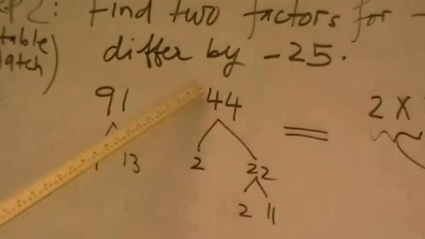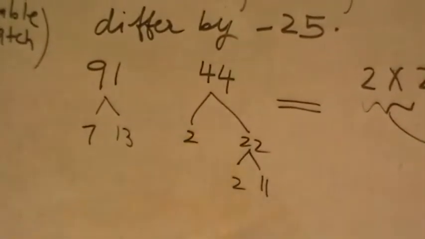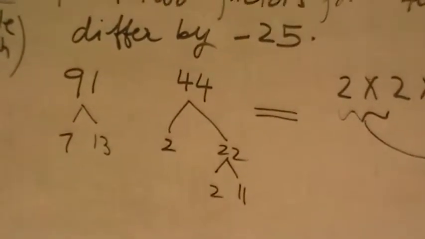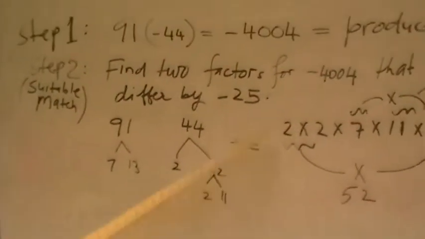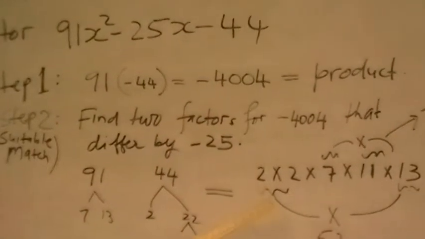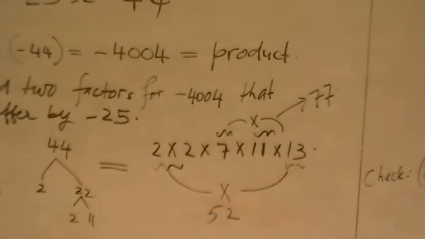Likewise, number 44 will have the primes, starting from the smallest prime 2, dividing by the number, and then having a quotient of 22, further dividing it by its smallest prime, so again 2, and coming up with the quotient of 11, which is a prime by itself. This means that the prime factors of number 4004 are respectively 2 by 2 by 7 by 11 by 13.